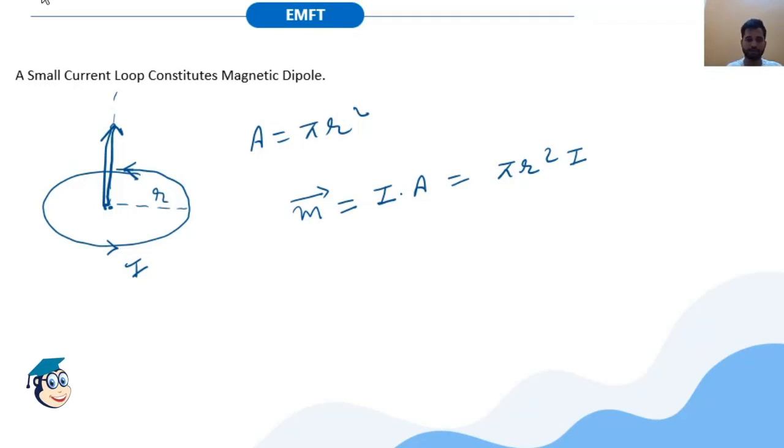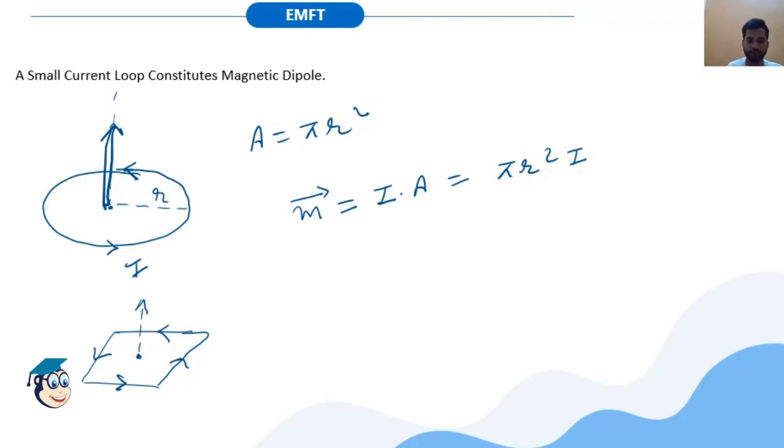Let us see another example. Let's say you have a rectangular or maybe square loop, and the current is flowing in this direction. We can again calculate the direction of the produced magnetic dipole moment by using the right hand thumb rule, and you will get that in this case also the magnetic moment is in the direction shown by this arrow.